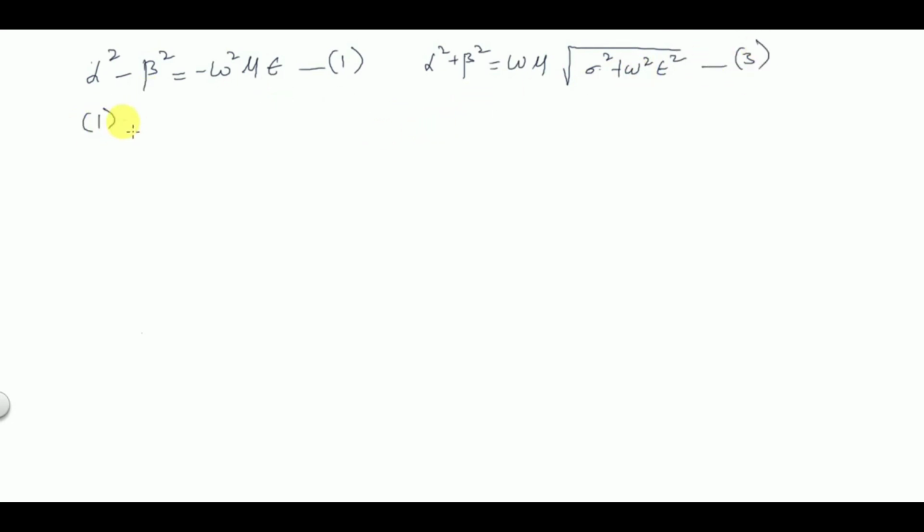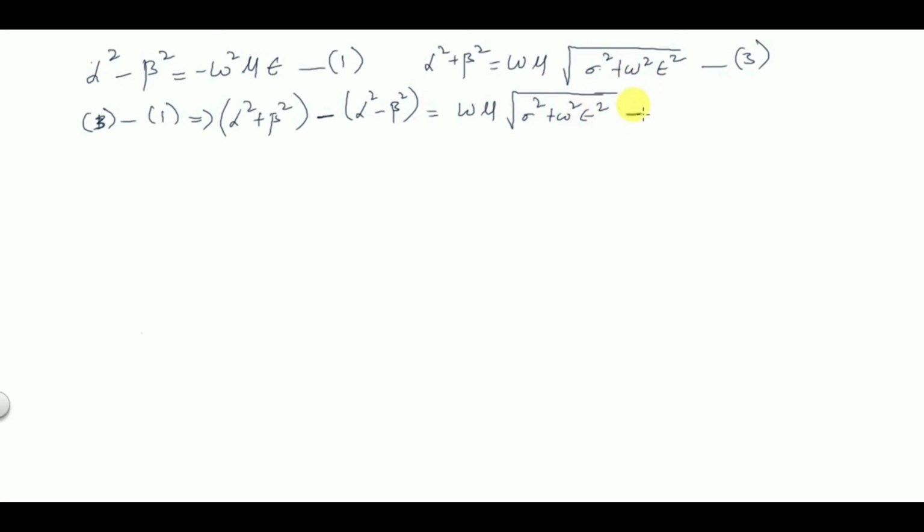Now subtract equation 1 from equation 3. Alpha square plus beta square minus alpha square minus beta square is equal to omega mu into root of sigma square plus omega square epsilon square, minus of minus becomes plus, omega square mu epsilon.